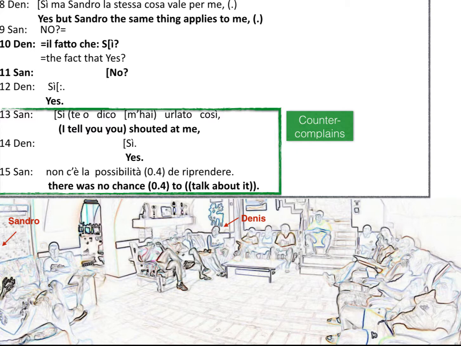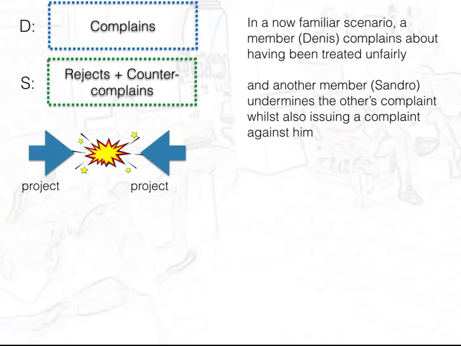So we are back to the same pattern. You have somebody complaining, and rather than saying, okay, tell me more about that, what happened, you go, no, it's your fault in a way. So, same scenario as before, with two people having the same kind of complaint, counter complaint. Okay, a bit of an emerging conflict.